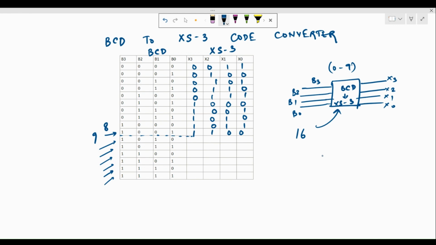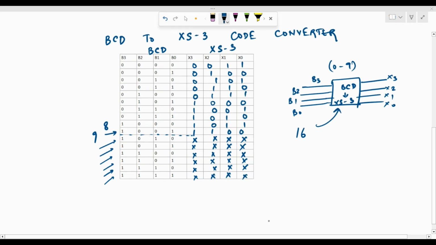So there we have, we do not care about these inputs. So therefore, these are don't care inputs, and therefore the outputs of these would be represented with don't care symbols, which is nothing but a simple cross. So we fill up these as X's or cross in this manner.